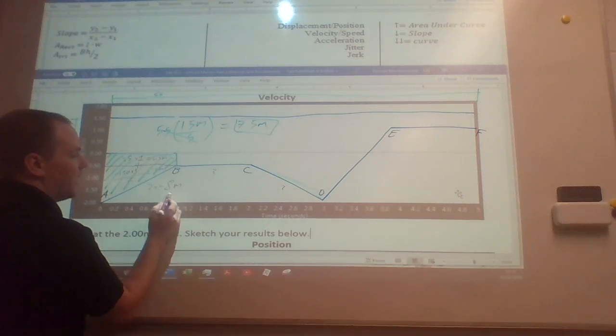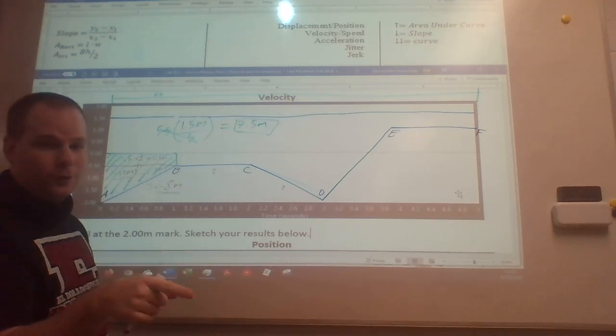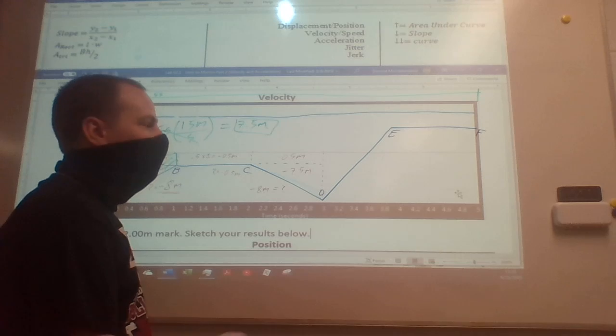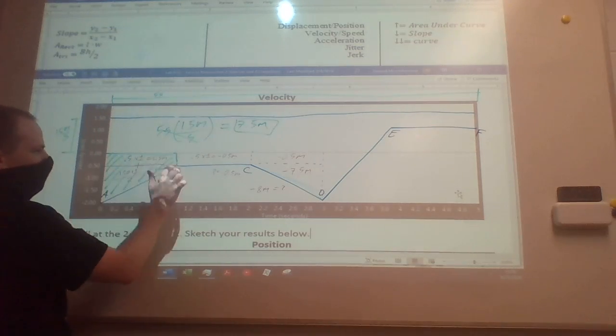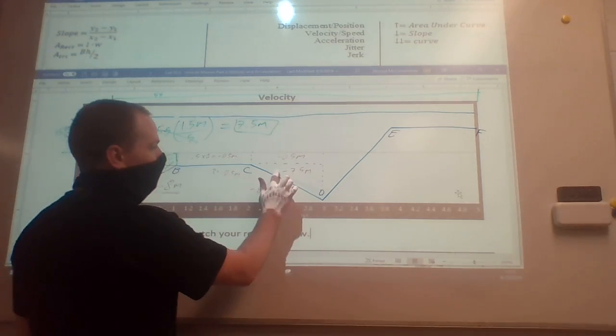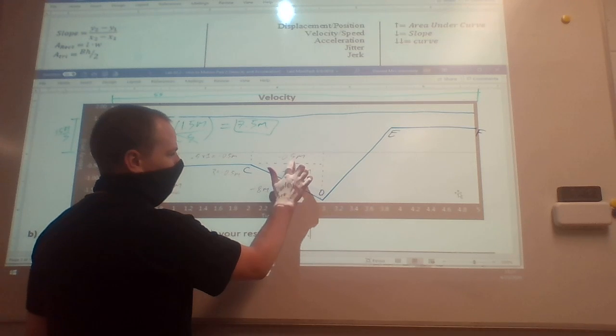So if you got that one wrong, you might want to go back and check the other two before you look at the rest of this. Okay, so this one being just a rectangle, the same as this rectangle, comes out to just negative 0.5 meters. This one is just the inverse of this, so same rectangle, negative 0.5.